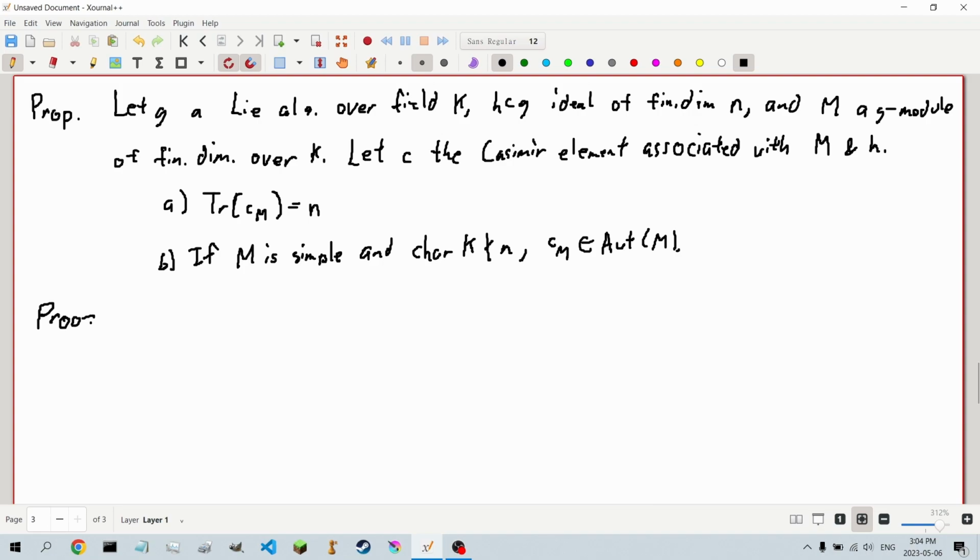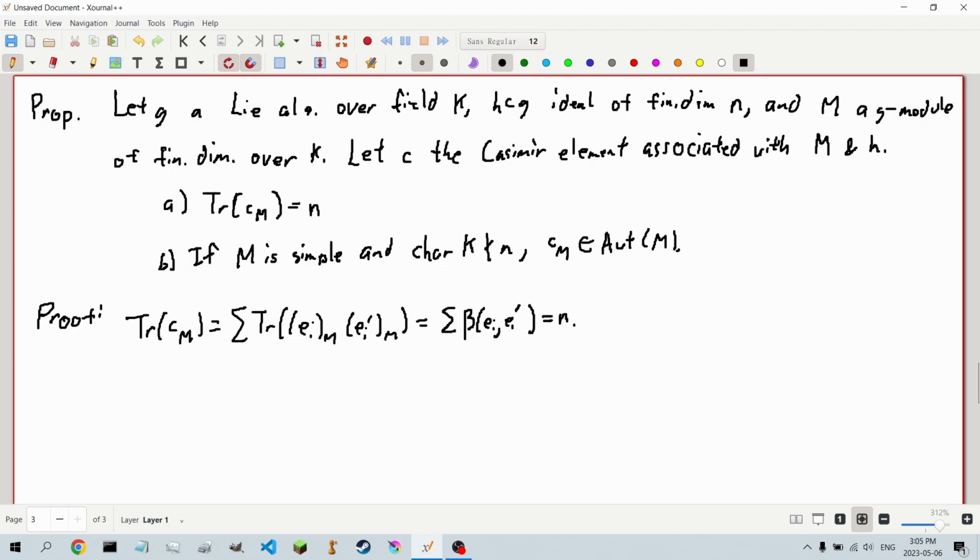And proof, we have that the trace of C_M is the sum of the traces of e_i prime of M, which is equal to the sum of the associated bilinear forms, which is our version of the Killing form acting on e_i prime, which is equal to n.